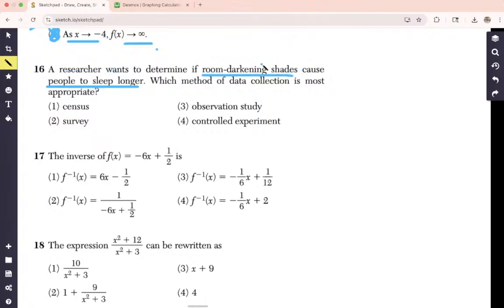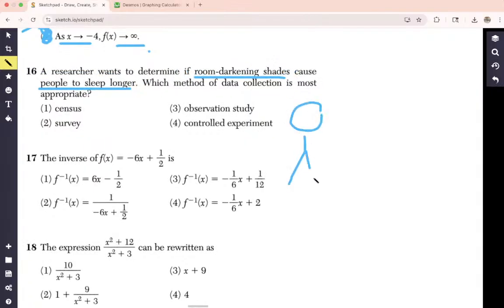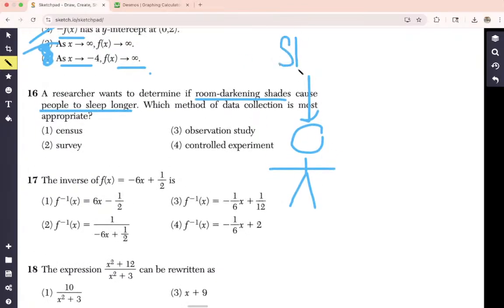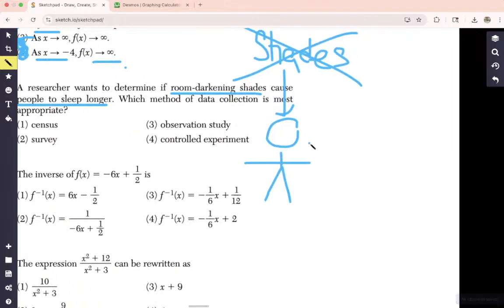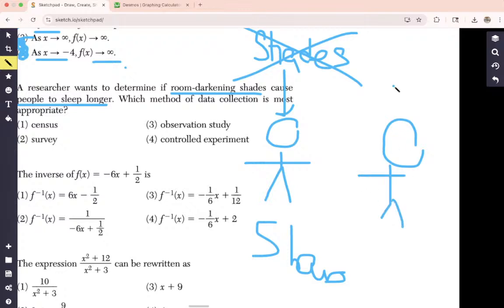If I were to design an experiment, first, I would get normal people to sleep without these shades. So I have this guy. Let's say he sleeps without the shades, and I monitor how much he sleeps. Let's say he sleeps 5 hours. Then I'm going to get a person, and he's going to wear the shades while sleeping.